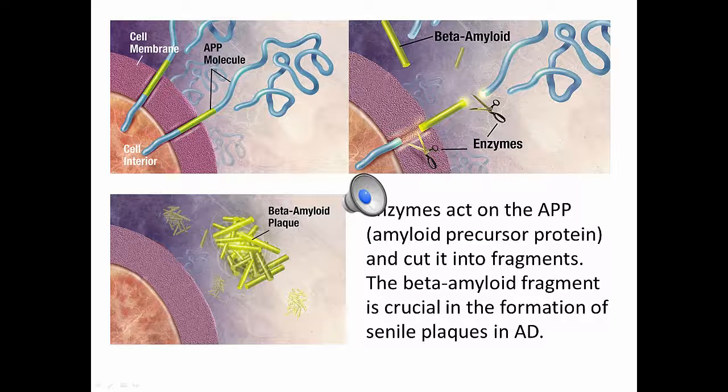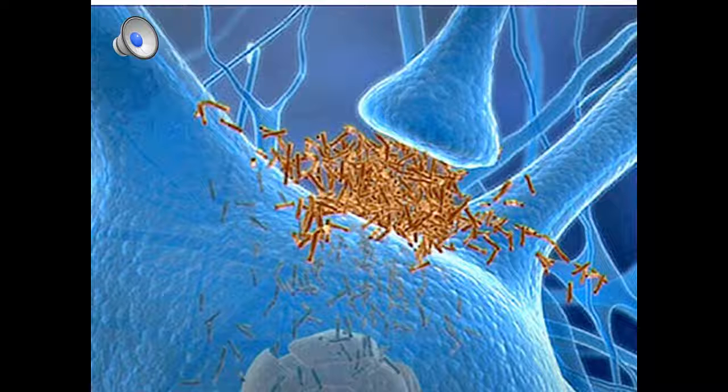This series of illustrations shows how beta amyloid is generated from the APP module as enzymes cut it out of the disassembling protein. The abnormal beta amyloid clumps together and forms plaques. We can think of these plaques as inhibiting neurotransmission.